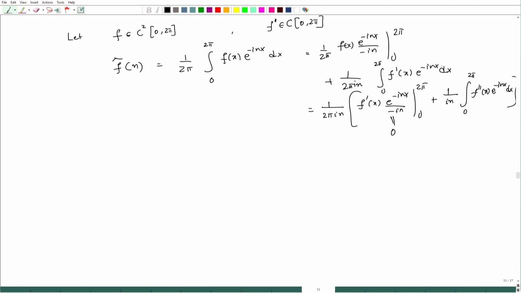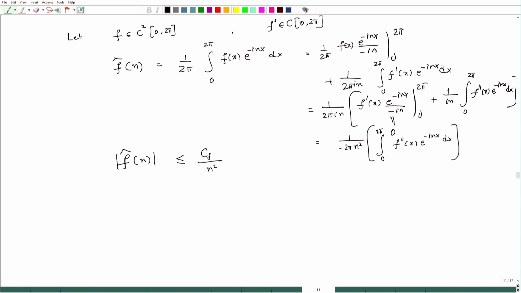For the second part, what we are going to get is, this is equal to minus 1 by 2 pi n square, integral 0 to 2 pi of f double prime of x e to the power minus I n x dx. Now, if I take the modulus, this is less or equal to some constant which depends on f double prime, divided by n square. More decay.